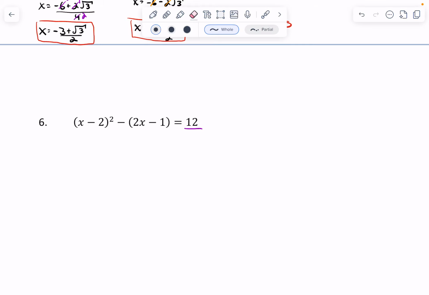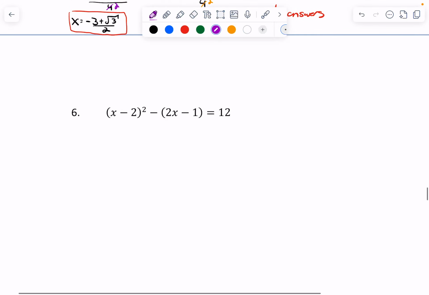So the first thing you need to do, right, after you've done your check is, well, let's get this into standard form, okay? So we need to expand this out first. That's the first step.